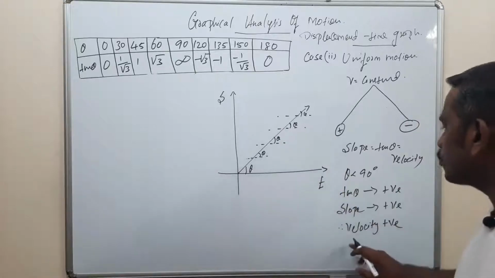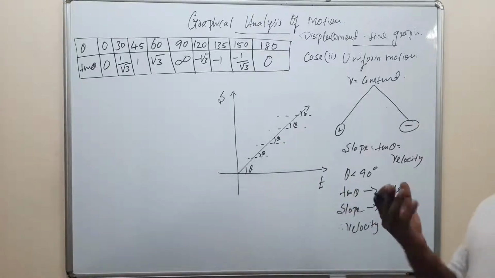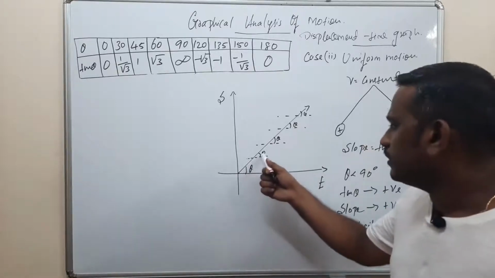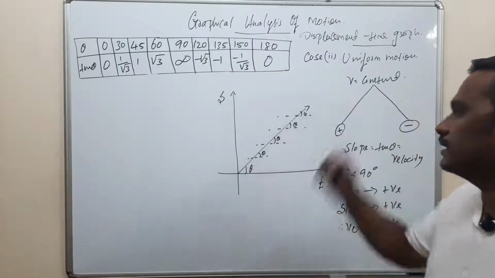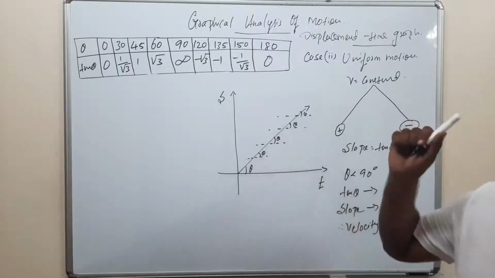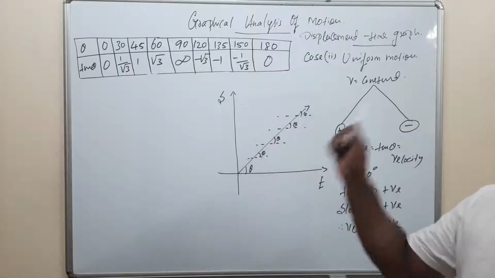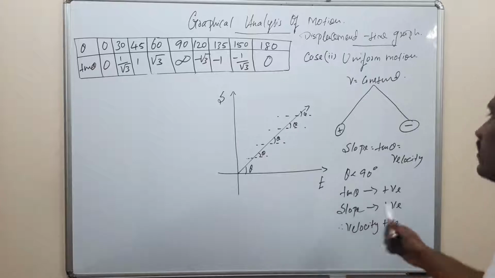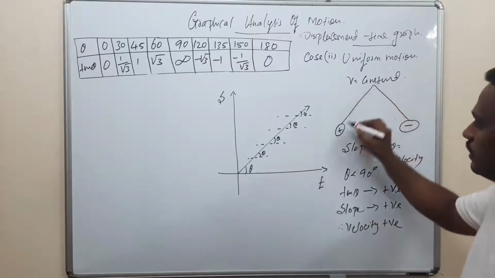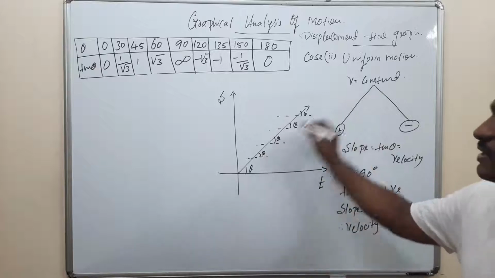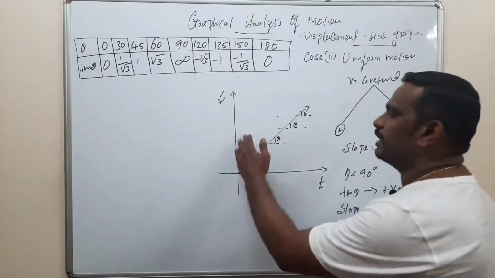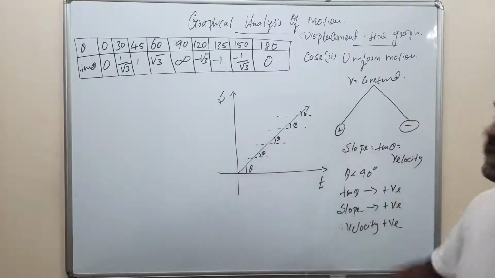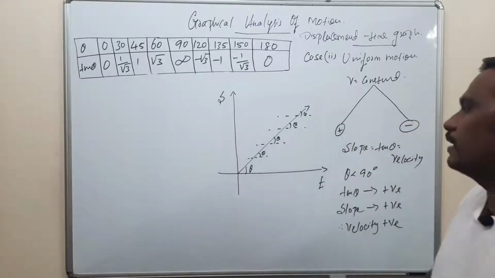Slope constant means velocity is constant. Here 30 degrees means everywhere it is 30 degrees, or 60 degrees means everywhere 60 degrees, so tan 60 always gives the same value. So the slope is constant, and slope gives the velocity, so velocity is constant. This is the displacement time graph for velocity constant and positive. Clear?